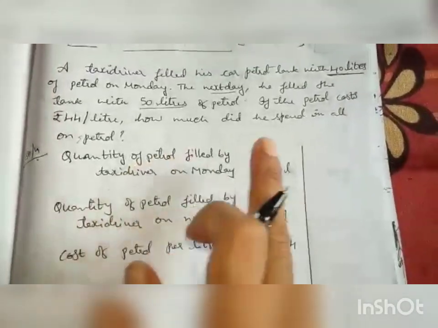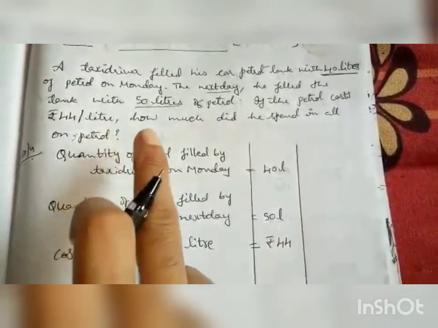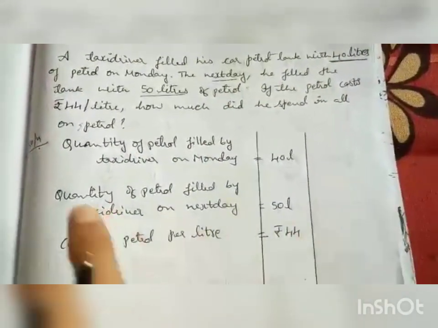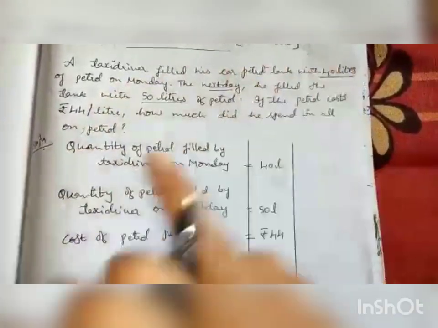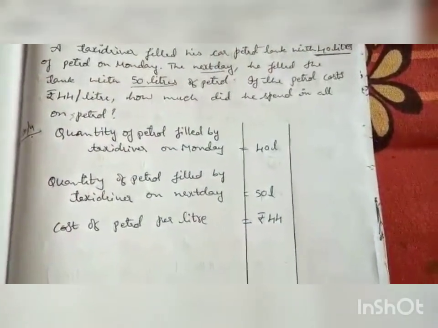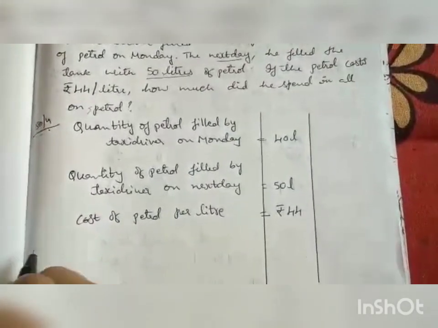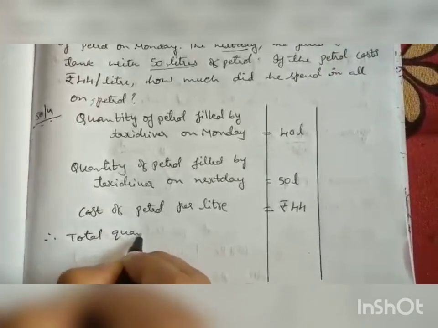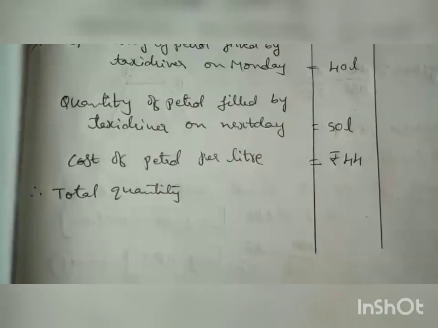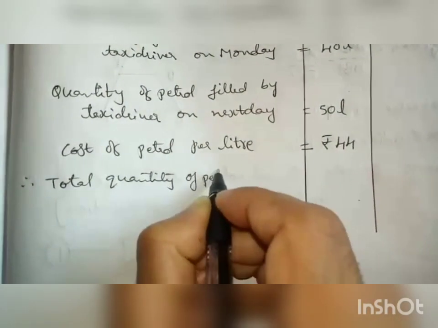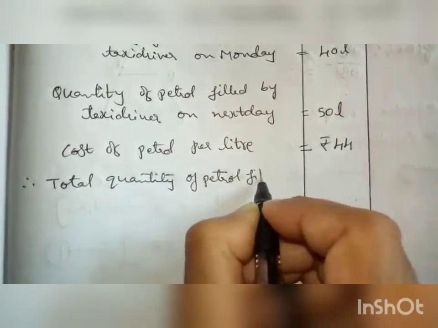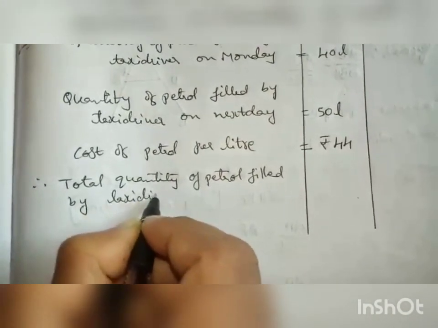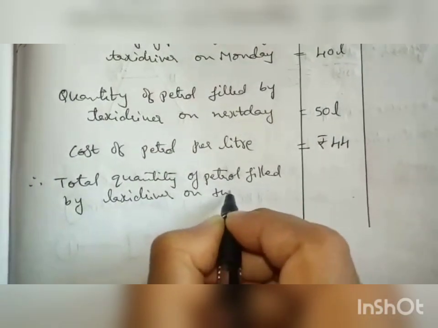Now they have asked to find how much money he spent for these liters of petrol. So first we'll find how many liters of petrol he filled in his car. Therefore, total quantity of petrol filled by taxi driver on 2 days.